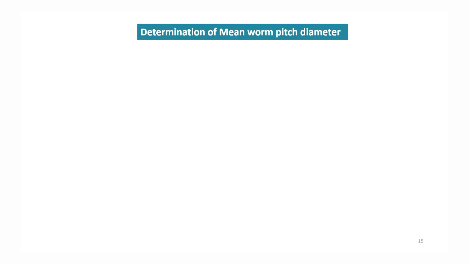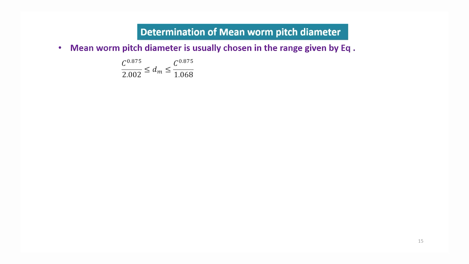Now, determination of mean worm pitch diameter, because we know that this is an iterative process. So, mean worm pitch diameter is usually chosen in the range given by equation dm, or this is dw also, because dm is used in the WGT allowable equation.